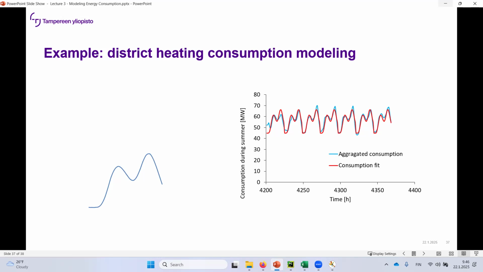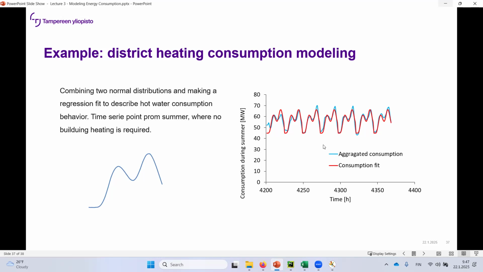So I'm fitting the normal distribution function to account for what's happening in real life. So that's just time series analysis and regression. Combining two normal distributions, making regression fit to describe hot water consumption behavior. Time series point from summer where no building heating is required.